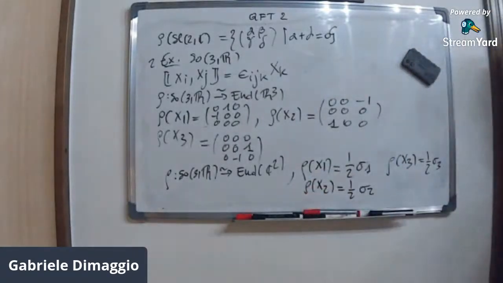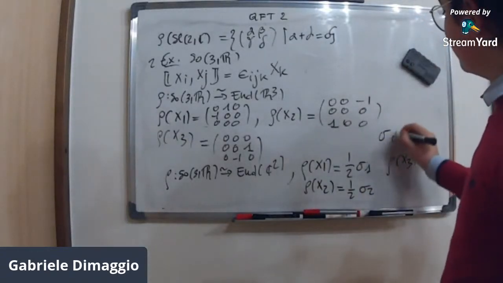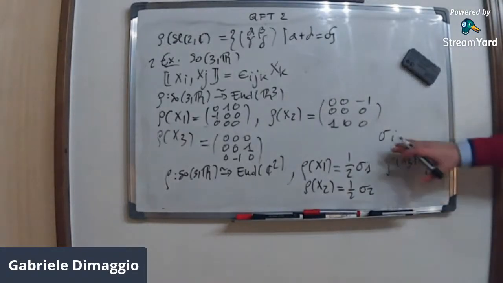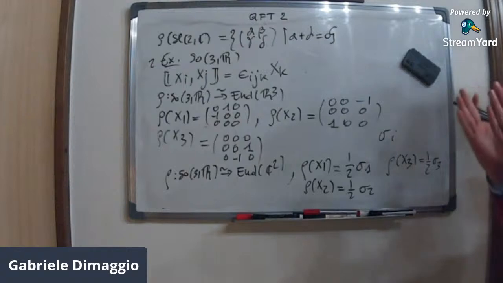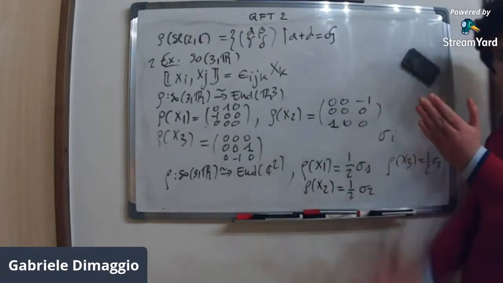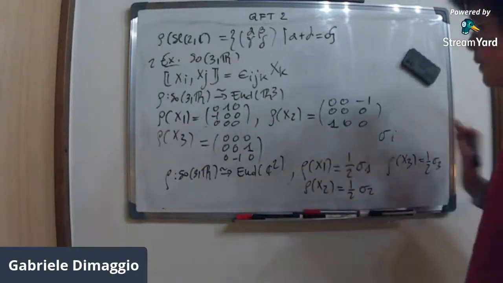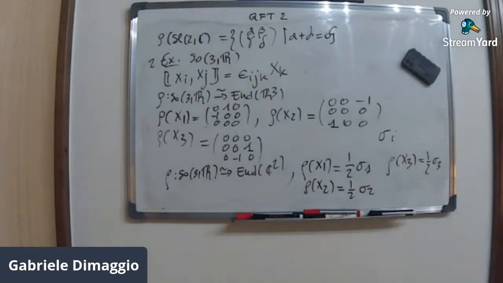Okay, in this case, sigma i are the Pauli matrices. The Pauli matrices, sigma 1, sigma 2, and sigma 3, are very important in quantum mechanics, for example. So this is the spinor representation: rho of x1, rho of x2, and rho of x3.